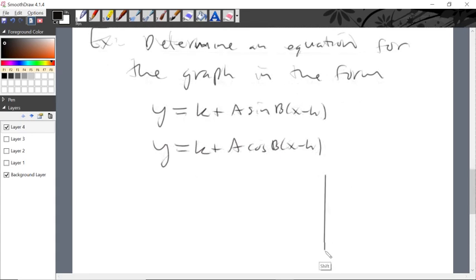Let me construct a graph here that we'll try to figure out an equation for. If I take a graph that looks like maybe this, okay, and I'll put on the y-axis, I'll put that this is 5 right here, okay, and 4, 3, 2, 1. So I'll put that this is 2 right here.